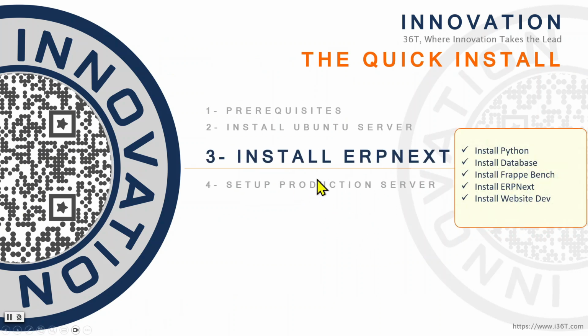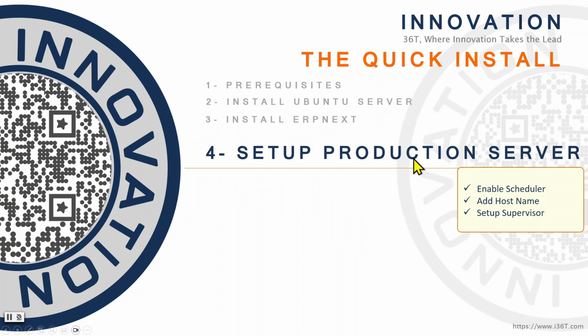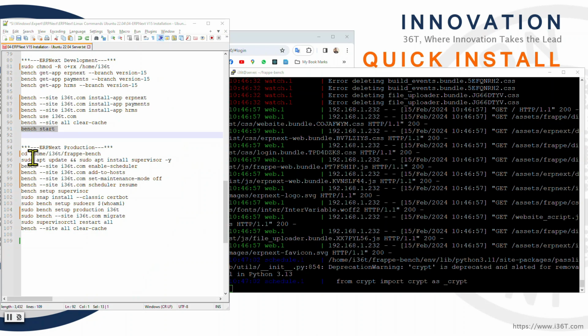As of now we have installed ERPNext and this is on development mode. Let's proceed for the production server. Set up the production server. We need to apply some commands. Similarly, the script is ready. Let me move to the script. So now to do so for production.